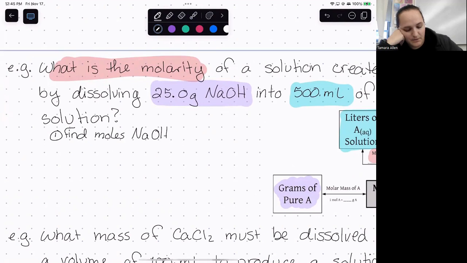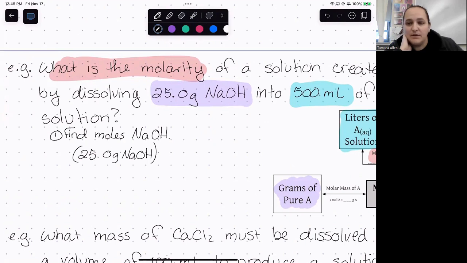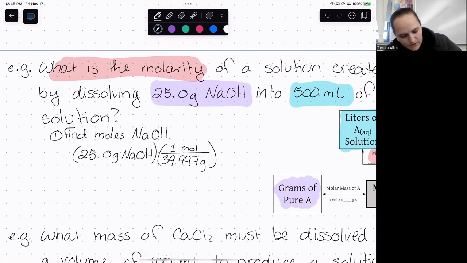It's going to be to find how many moles of sodium hydroxide are in 25 grams. So we have 25 grams of sodium hydroxide. We can find the molar mass by looking at our periodic table and adding together the mass of sodium, oxygen, and hydrogen, which gets us a total of 39.997. So that is the number of grams of sodium hydroxide that are equivalent to 1 mole of sodium hydroxide.